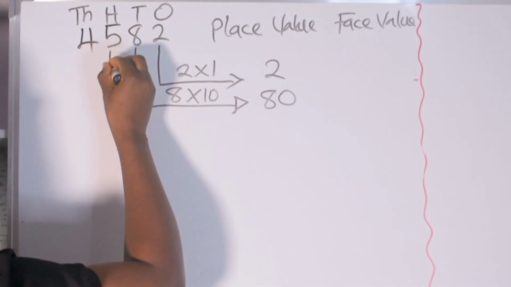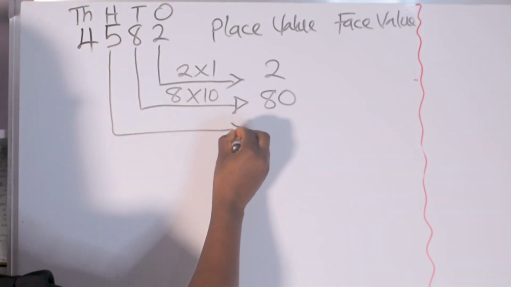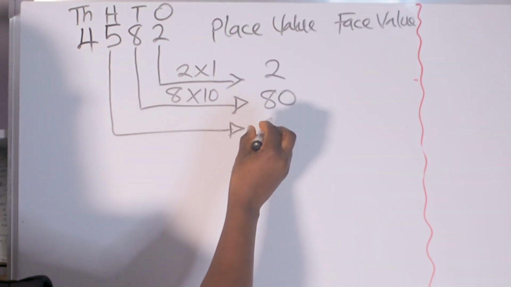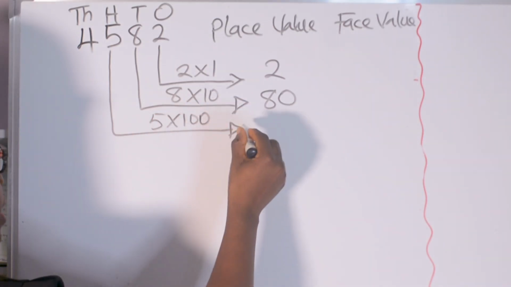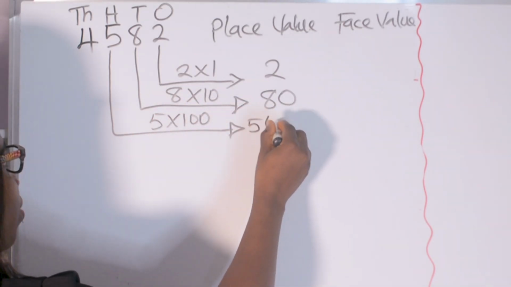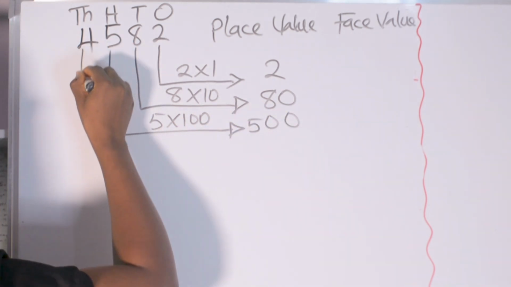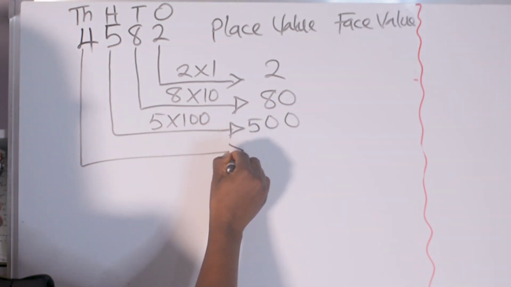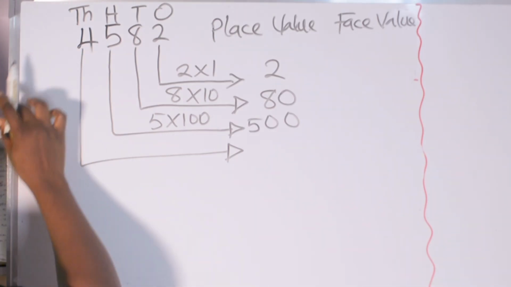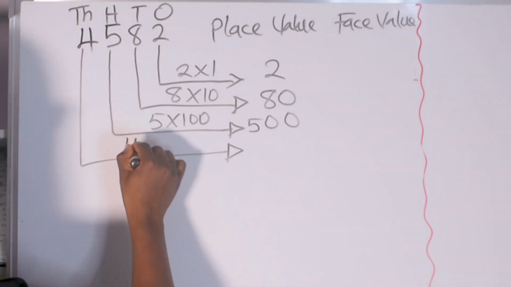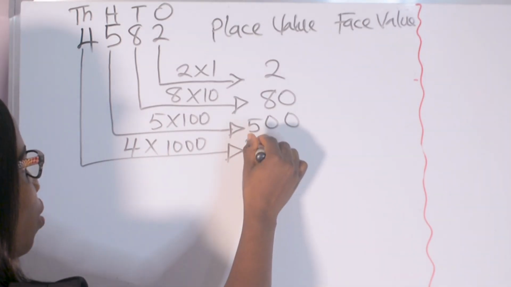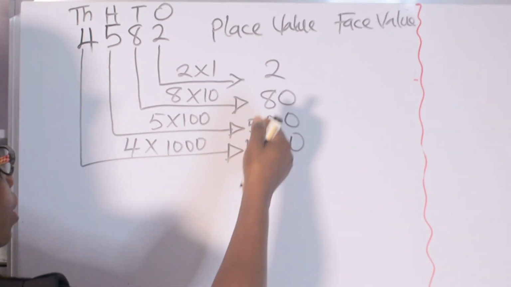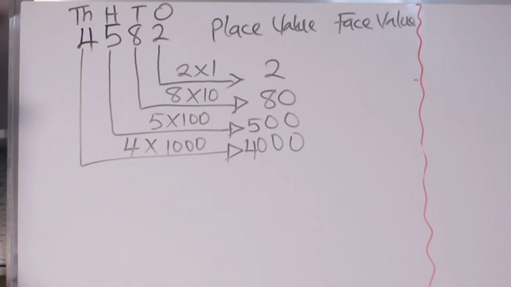And since number 5 falls under 100, the place value is 5 times 100, which is 500. And since number 4 falls under the place value of 1000, it simply means 4 times 1000, which is 4000. So these are the place values of this number.